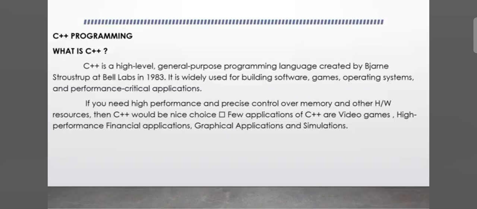If you need high performance and precise control over memory and other hardware resources, then C++ would be a nice choice. Few applications of C++ are video games, high performance financial applications, graphical applications, and simulations.